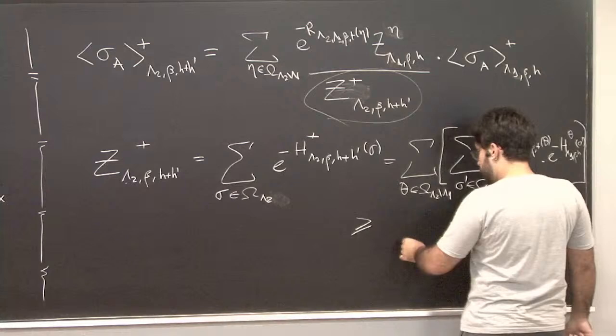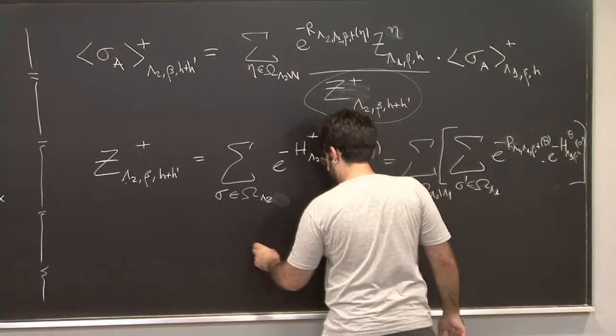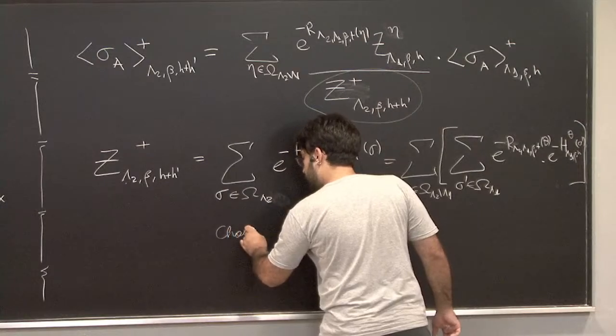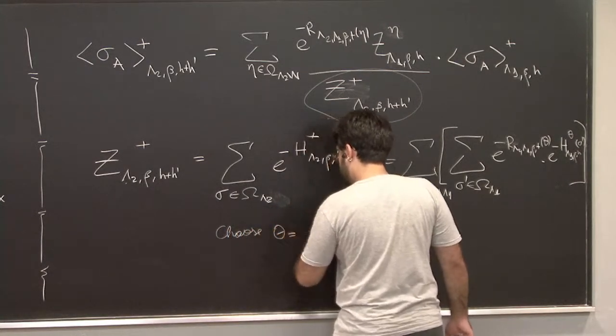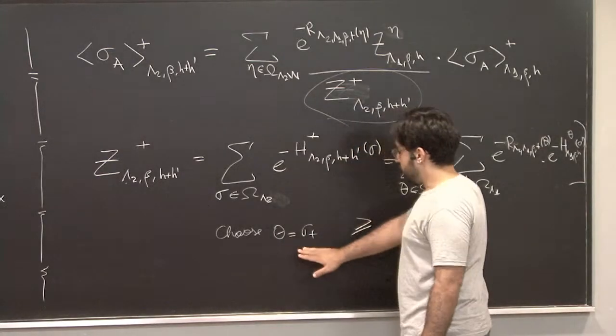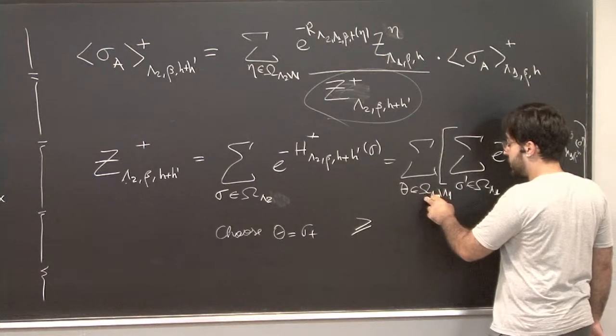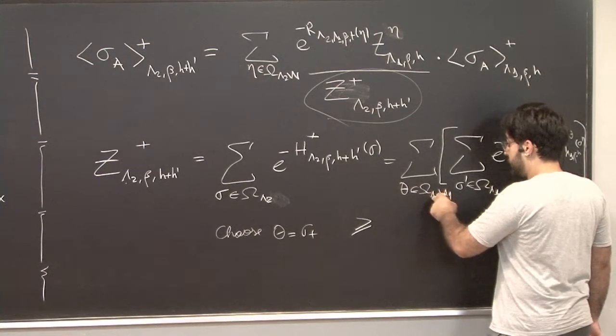So I will choose delta equal to sigma plus, right? So the boundary condition is plus between lambda 2 and lambda 1.